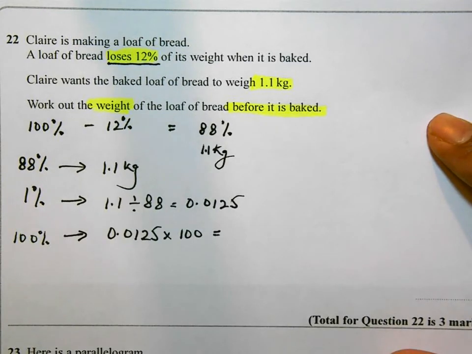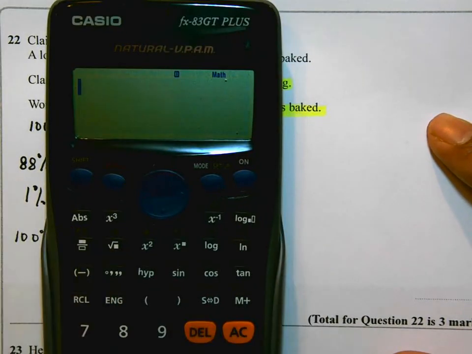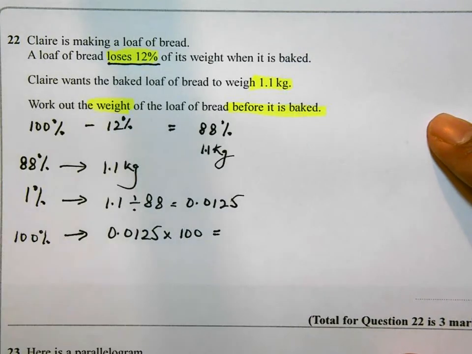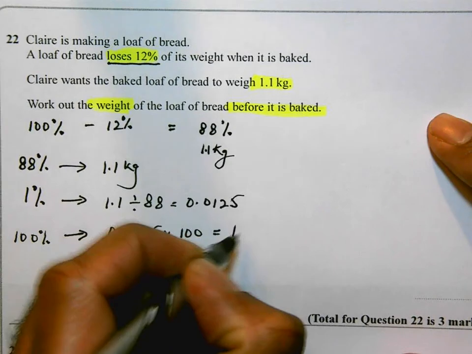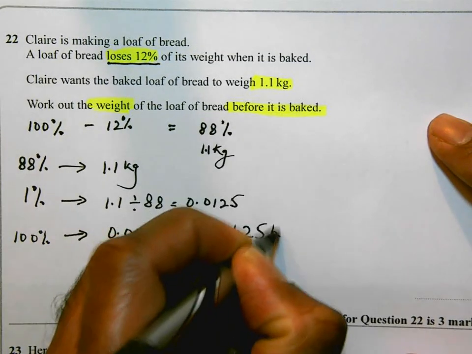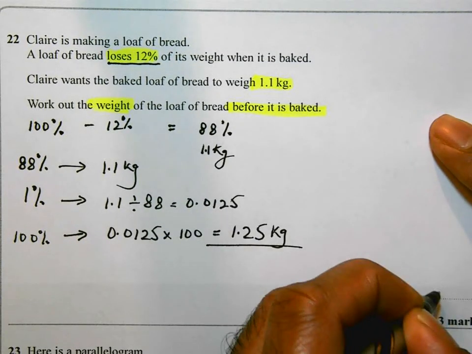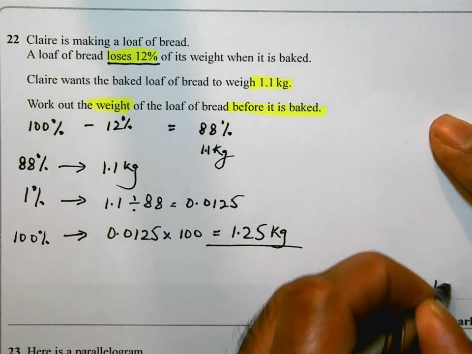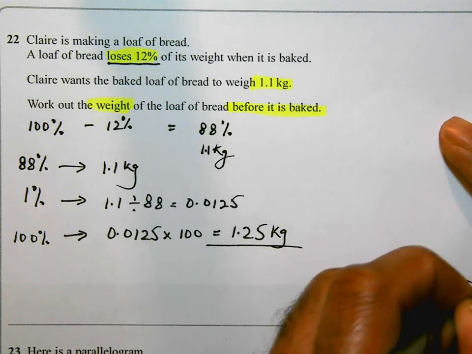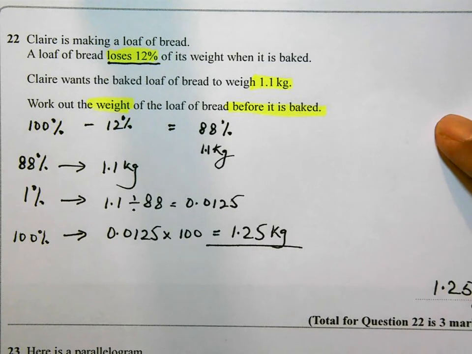And let's see what that is. 0.0125 times 100. And that's 1.25. And that's kilograms. That's what I'm going to write in my answer space, 1.25 kg. It's already written there, but that's fine.